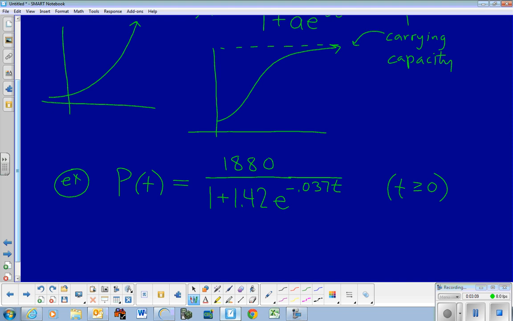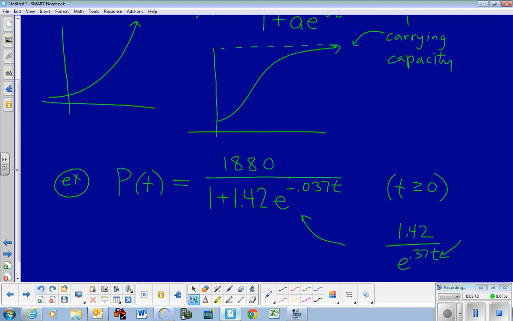E to the negative something is the same as 1 over e to the positive something, so this part is the same as 1.42 over e to the 0.037 t. We've talked about how a negative exponent goes on the bottom. If you move that exponent to the bottom, you can see as time passes, with a bunch of years here, 1.42 over a very big number is approaching 0.